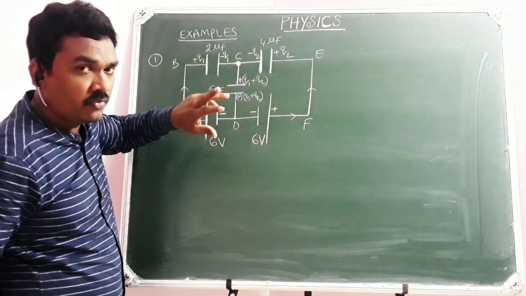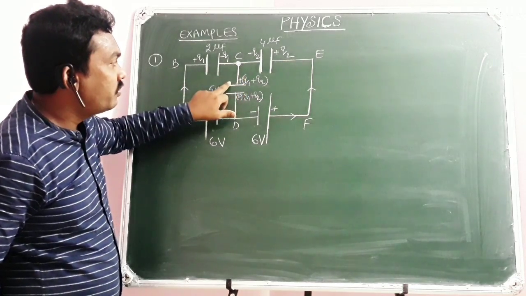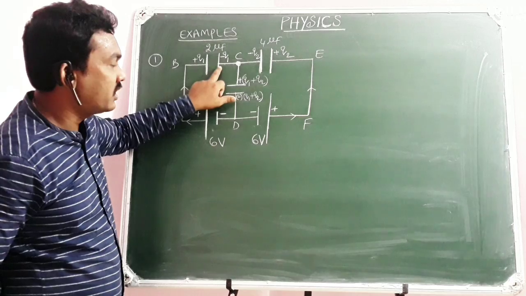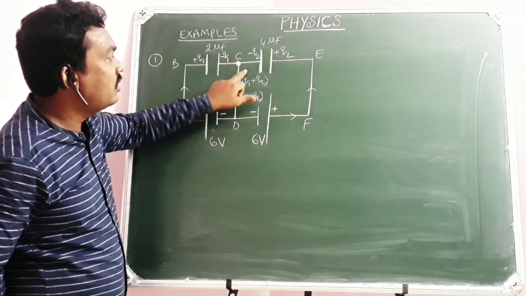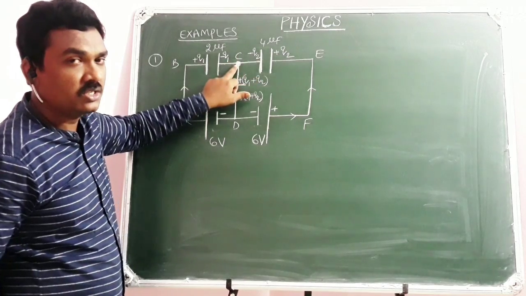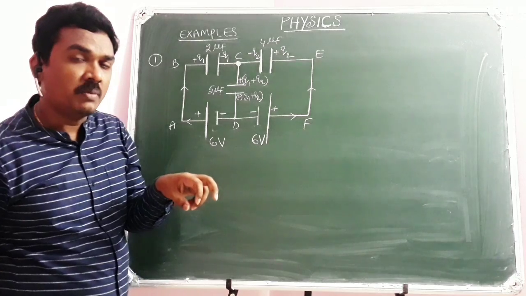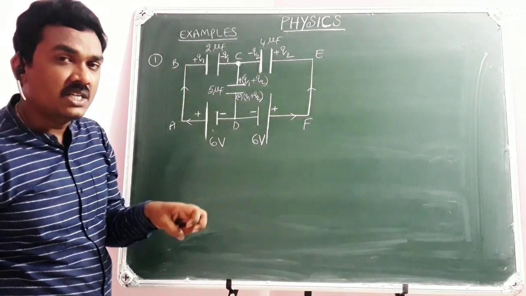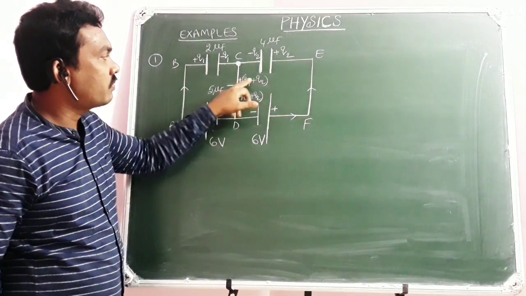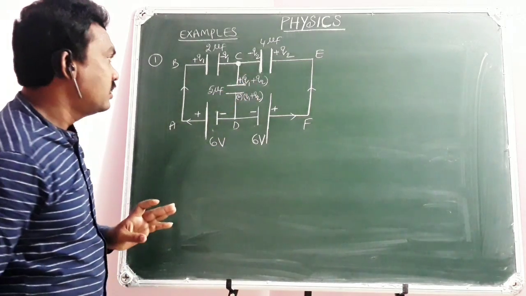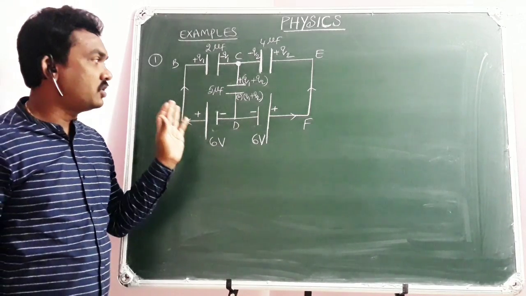This isolated plate, this isolated plate here, all the charges on the plates are meeting at a junction. So the algebraic sum of all the charges on the isolated plates of capacitors meeting at a junction will be 0. That is Kirchhoff junction law of charges, so that here it is Q1 plus Q2.